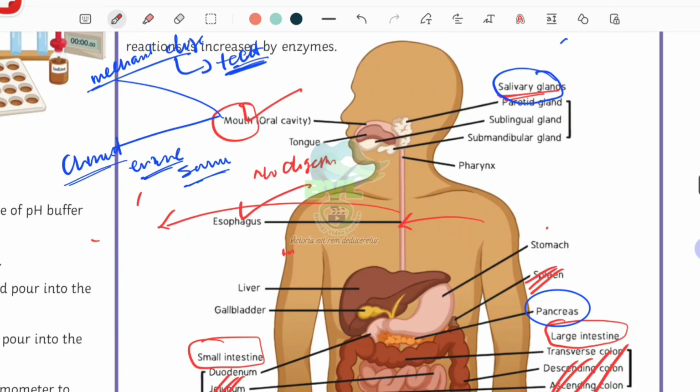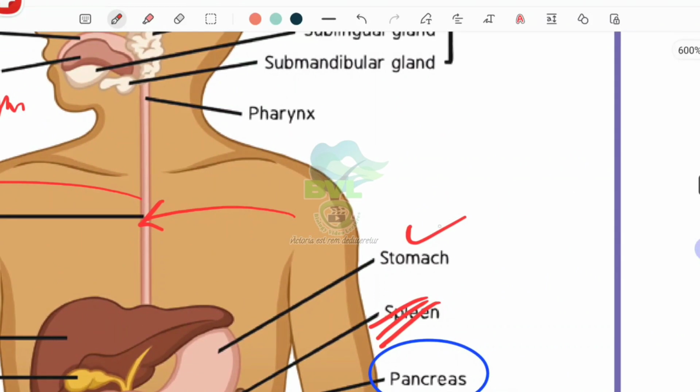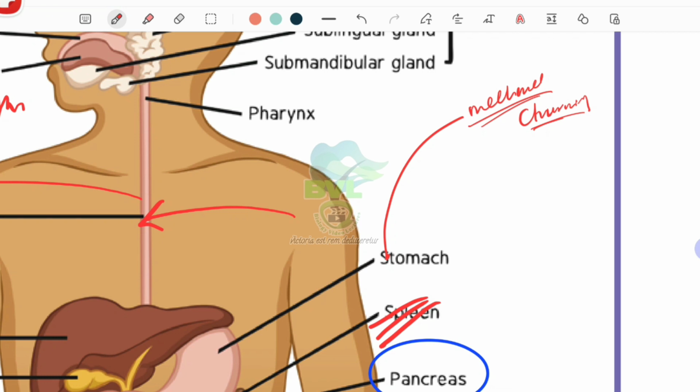The next on the list is the stomach. Please pay attention. The stomach also carries out mechanical digestion by a process called churning. Churning is the actual movement whereby the stomach squeezes the food with the gastric juice in it.